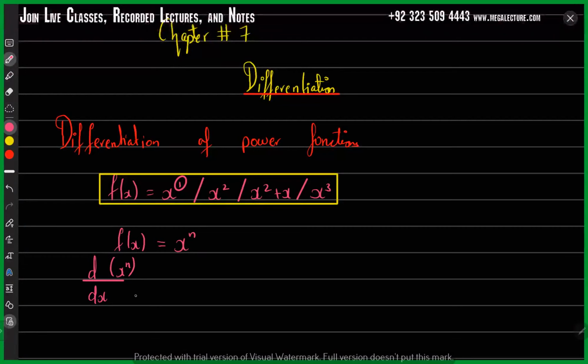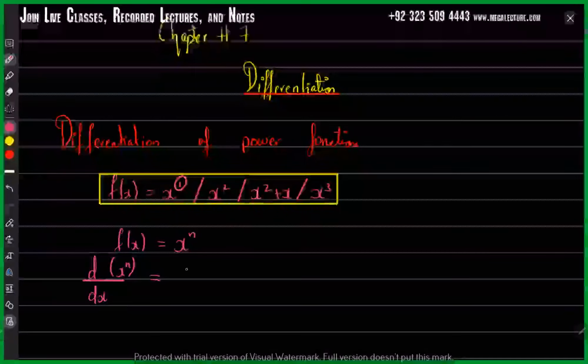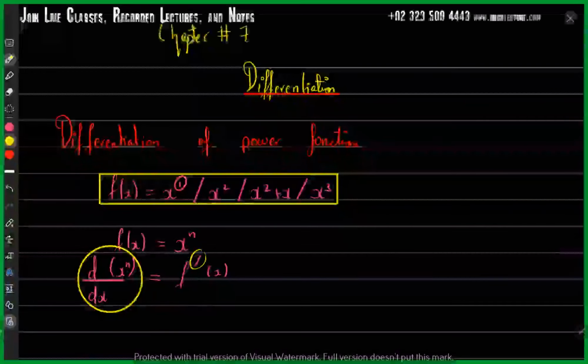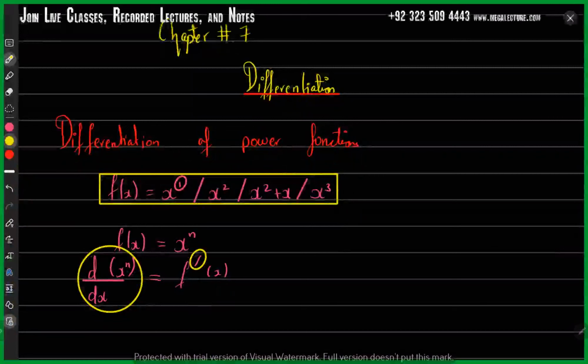This is one notation. This is equal to writing it as f dash x, okay? So just pay attention. This d by dx and this dash, both of them are basically used in order to write differentiation or to denote differentiation.